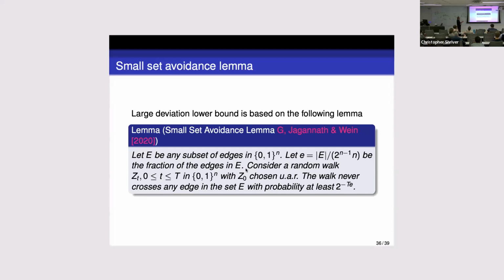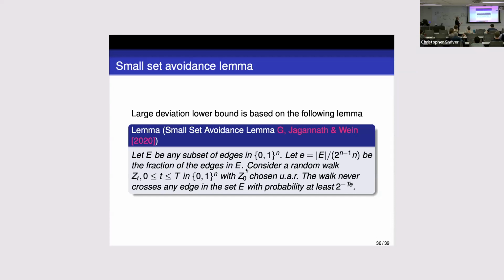So for this part, you can safely forget anything I said earlier and consider the following setting. We consider the Boolean cube, 0,1 to the n. Think of it as a graph with a natural adjacency structure where two bit strings are adjacent if they differ by 1 bit, so Hamming distance.